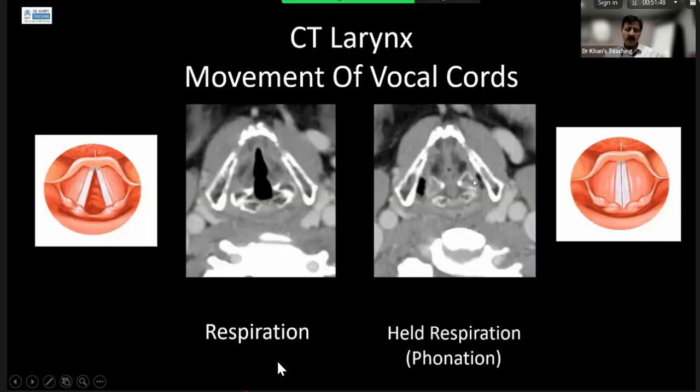Please remember, for staging of laryngeal carcinomas, MR is the investigation of choice, because MR shows you cartilaginous invasion much better than a CT scan. And if the cartilage is involved, we call it T4 tumor, and you might change it into, let's say, a total laryngectomy, things like that.